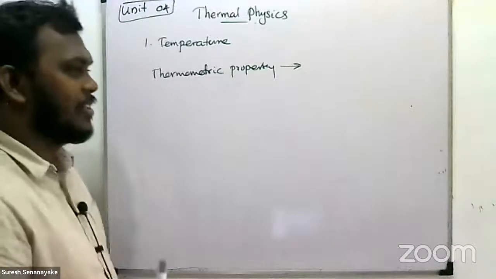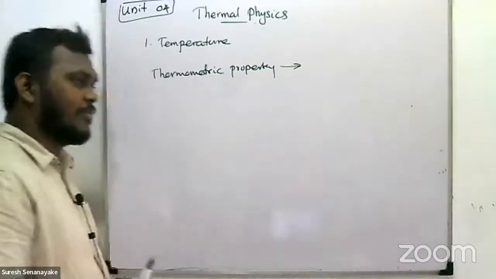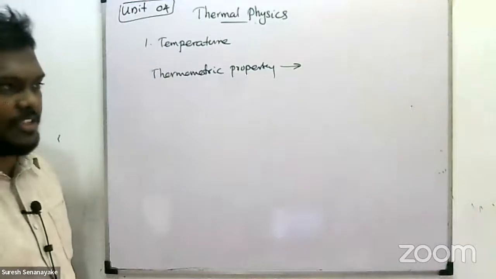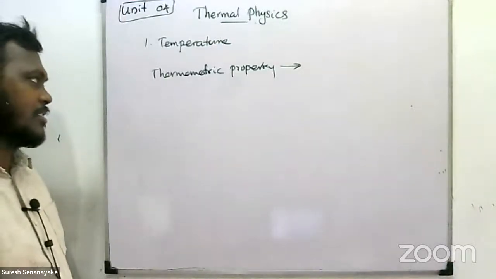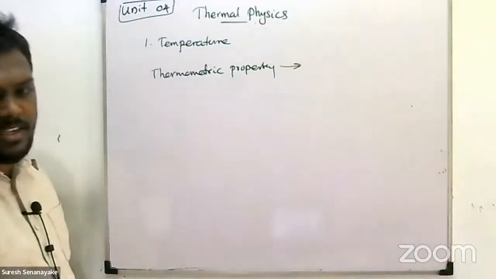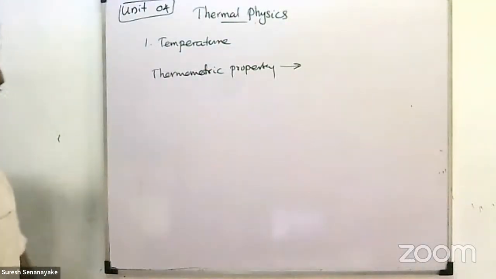As examples, the volume of a gas, the length of a rod, and electrical resistance change when the temperature increases. The radiation intensity also changes with temperature.